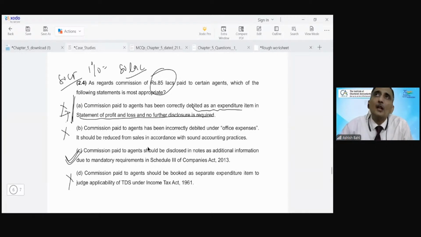So if you read Schedule 3, there is a requirement in it, and it is also stated as an example in your chapter 3 under SA 320.